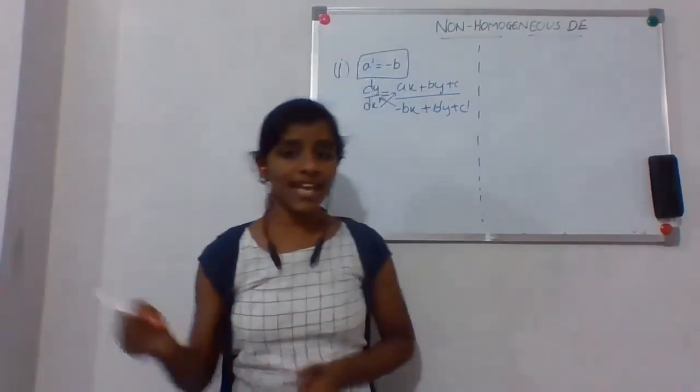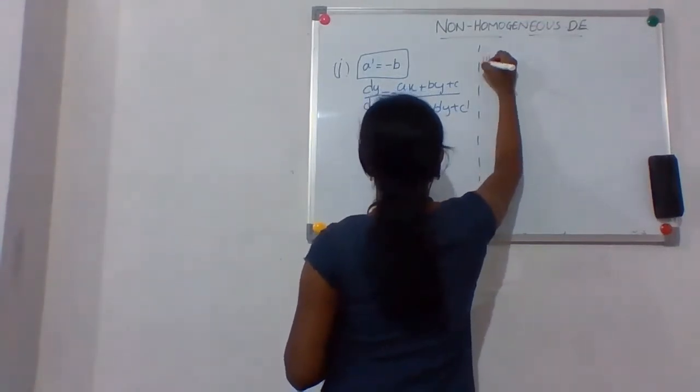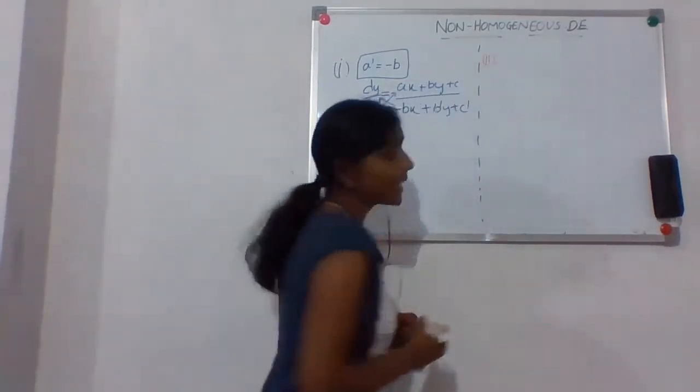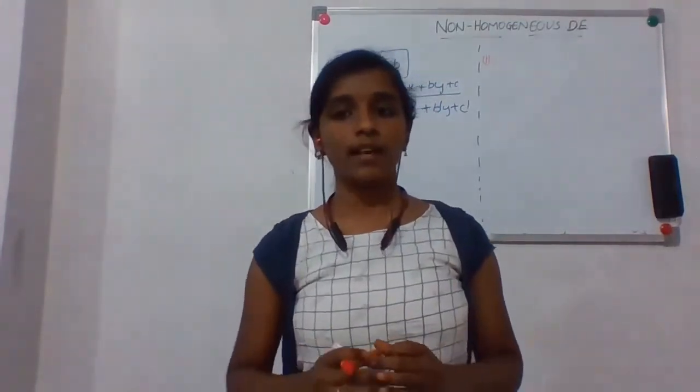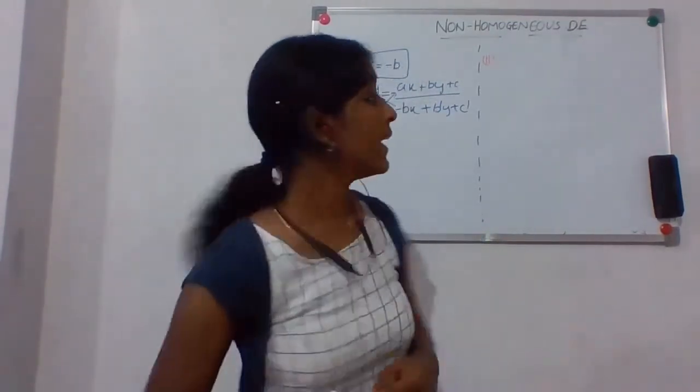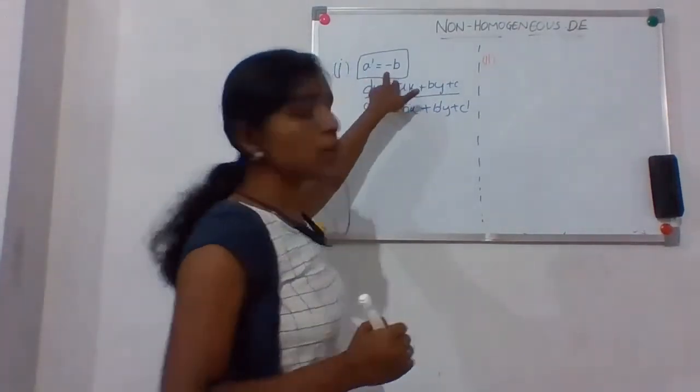So what is the second case? Let me write it over here. In the second case, the condition is mainly this: a dash equals to minus b.